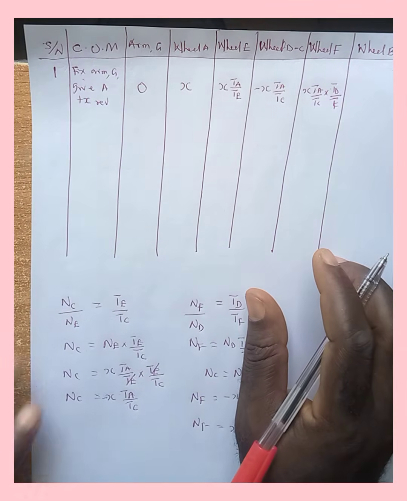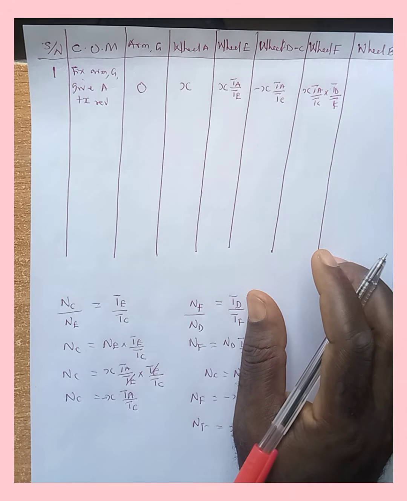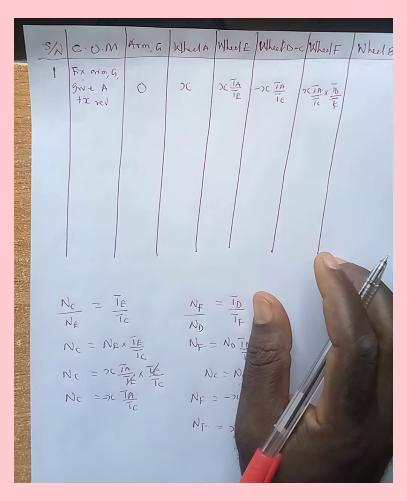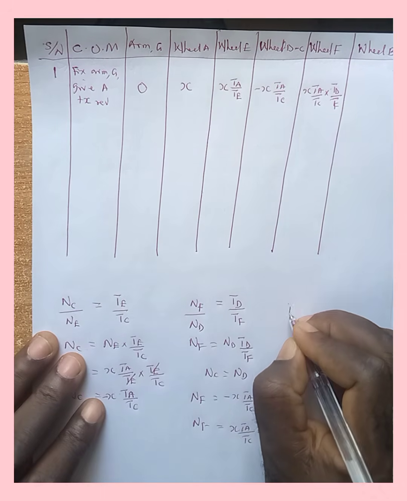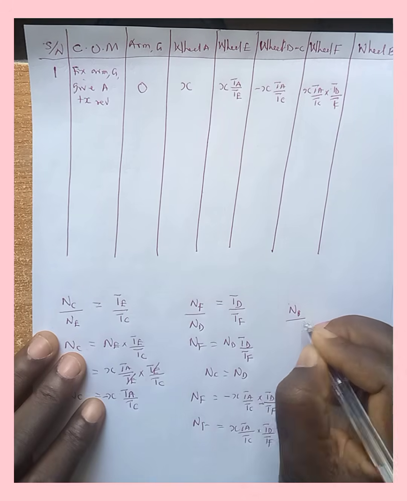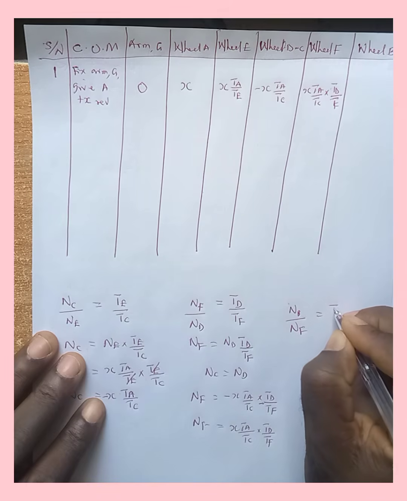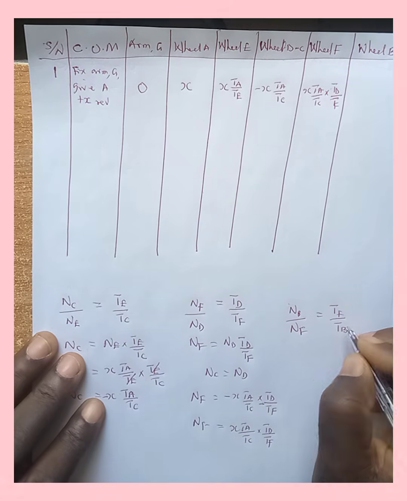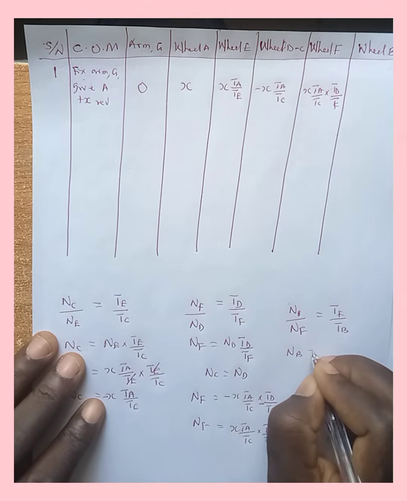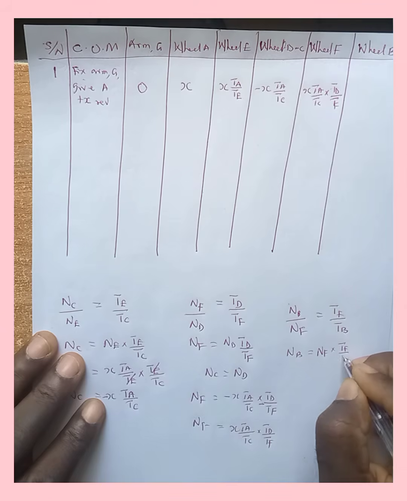Then finally, let us look at the speed of wheel B. Now, what happened is, it is F that drives wheel B. So the driver is the F, while the driven is the wheel B. So the speed ratio here is the speed of the wheel B divided by the speed of the wheel F, which is equal to the number of teeth on F over the number of teeth on B. Then NB is going to be NF multiplied by TF over TB.